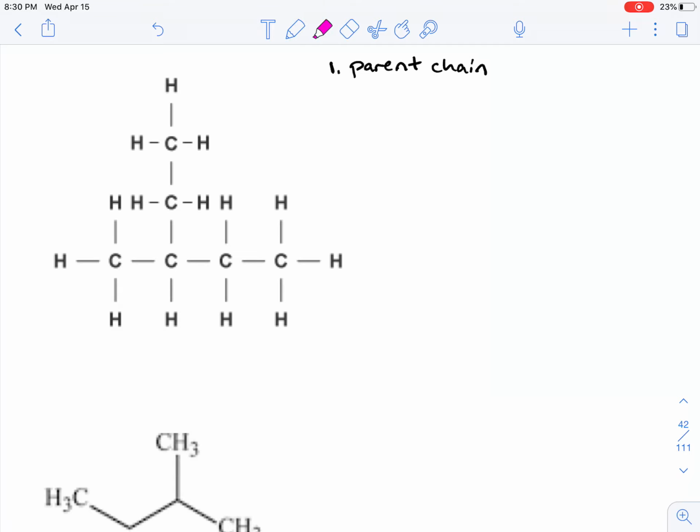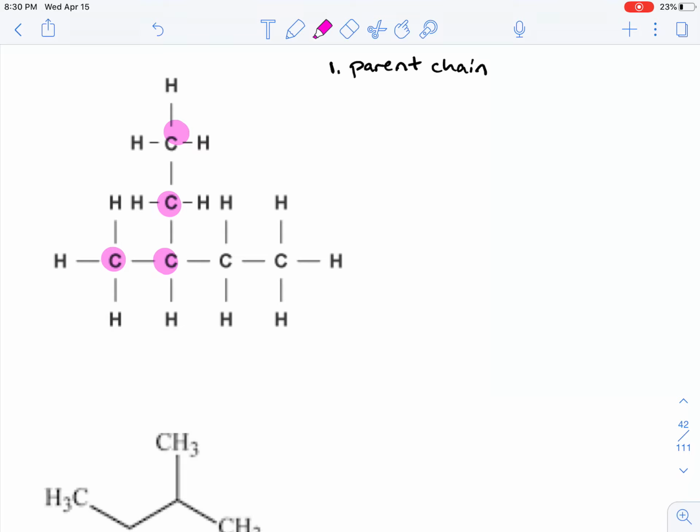And so let's start from here. So that's 1, 2, 3, 4. Okay, that's one possibility. I'm okay with that. But is that the only way to name or to identify the parent chain? Is that the only path? Well, there's another path, 1, 2, 3, 4.